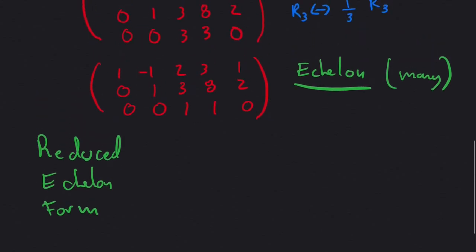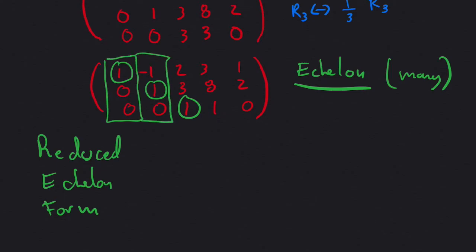And a reduced echelon form not only cares about the actual pivots, but also about the other numbers in each pivot column. In other words, what I'm requiring is that every other number in these pivot columns has to be 0. The only numbers that can be non-zero are the pivots.